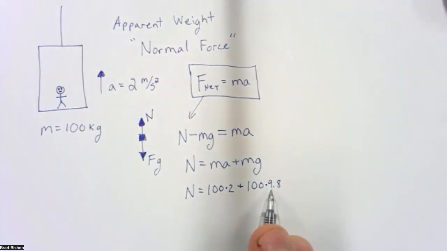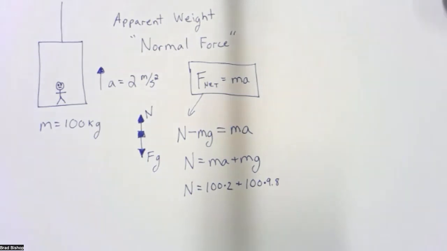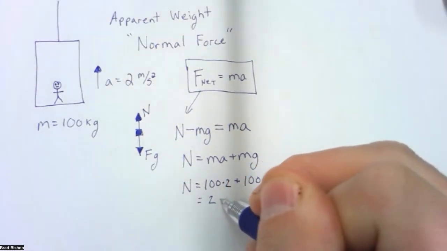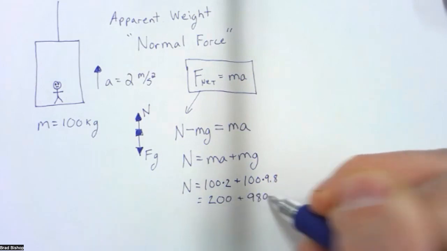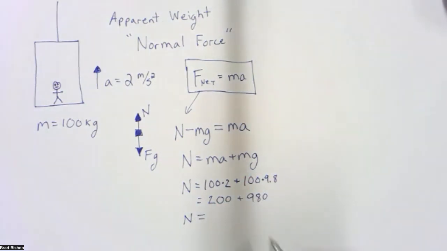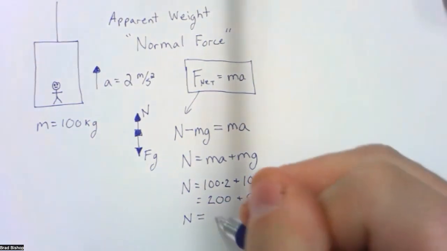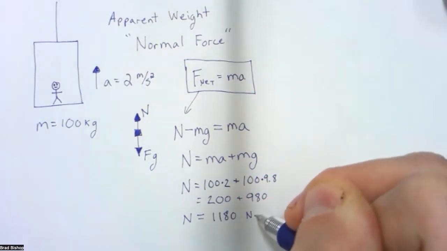So 200 plus, sorry, plus 980. And so when we add those together, we can, of course, finish out the math, right? 200 plus 980 gives me a normal force in this instance of 1180 newtons.